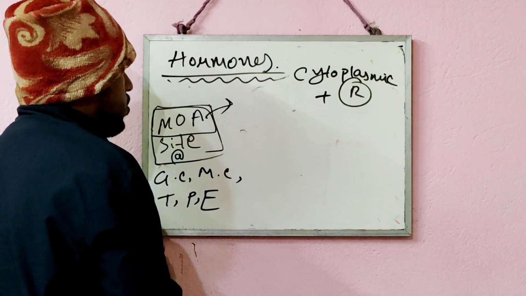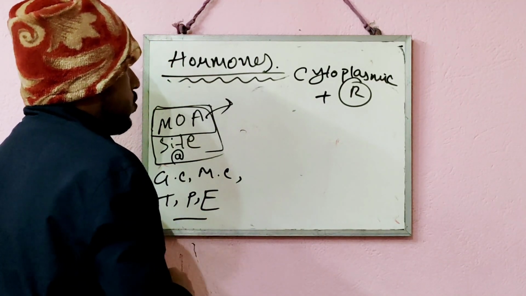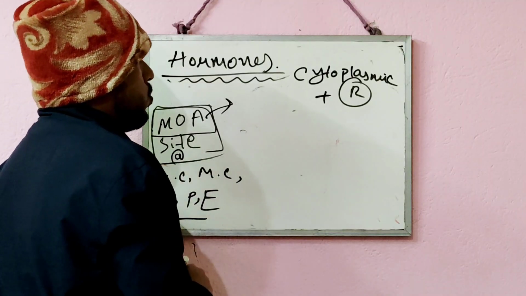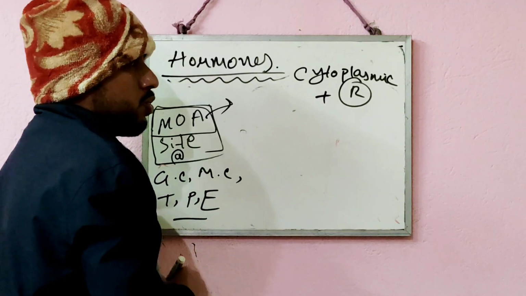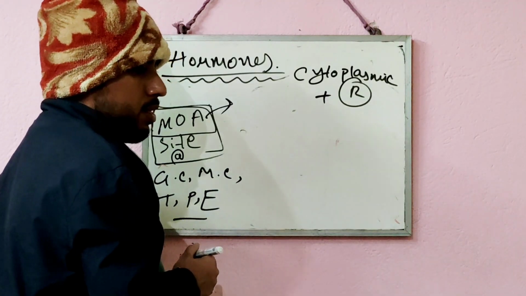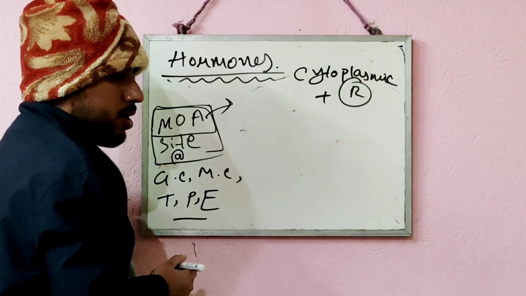All these hormones show their action by binding with the cytoplasmic receptor and show their specific action. How are they going to show their specific action?